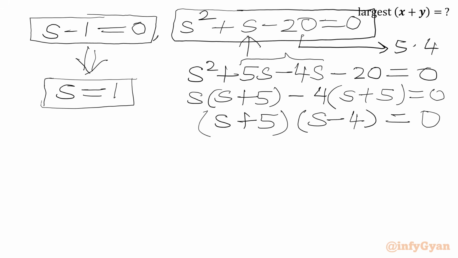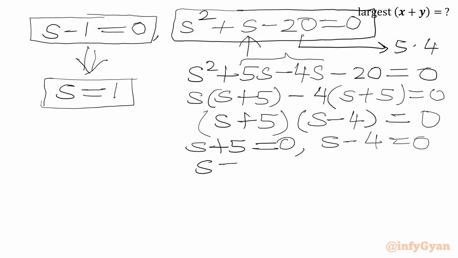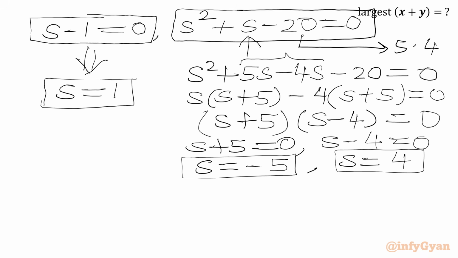Now we will apply the product 0 rule once again, and we can write either S plus 5 equal to 0 or S minus 4 equal to 0. So from this equation, we will get S equal to negative 5. And from here, we can write S equal to 4. Now we have three x plus y values. x plus y is S. So 1, negative 5, 4.